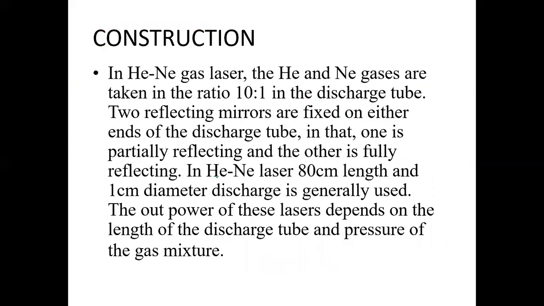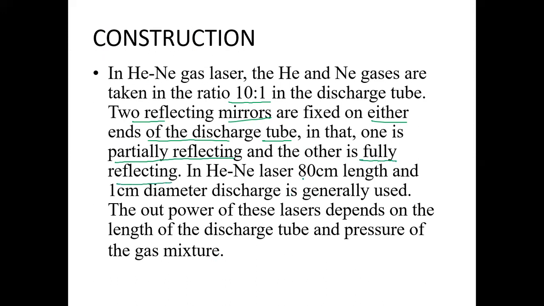We already discussed that in the helium neon gas laser, the helium and neon gases are taken in the ratio 10:1. The 2 reflecting mirrors are fixed on either end of the discharge tube. In that, one is partially reflecting and the other one is completely or fully reflecting mirror.